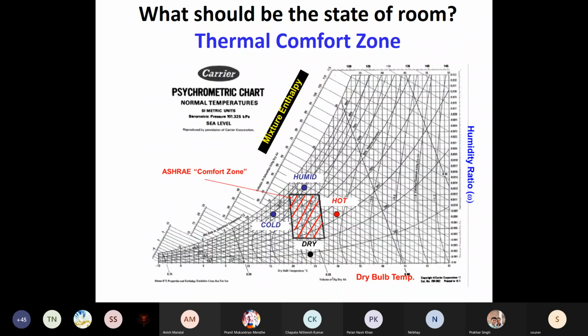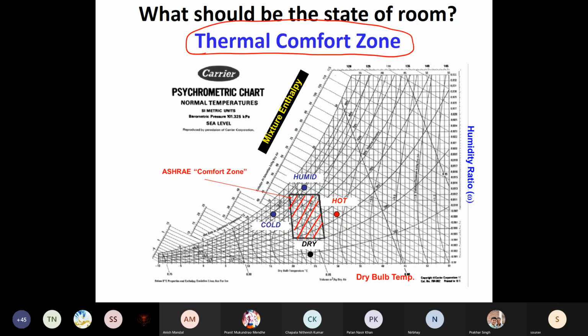So here comes the next difficult question: what is the thermal comfort zone that we must design our ACs for? This is a very difficult question to answer because it all depends on personal choice. By personal choice I mean where were you born, what was your culture. What kind of food you eat can also determine your thermal comfort.